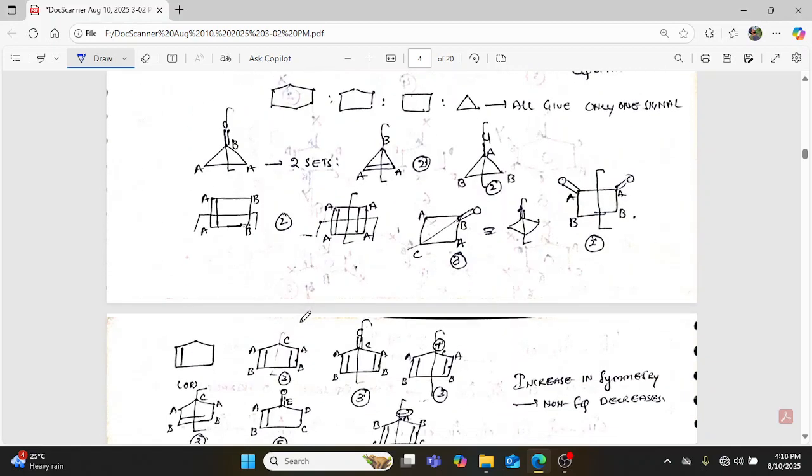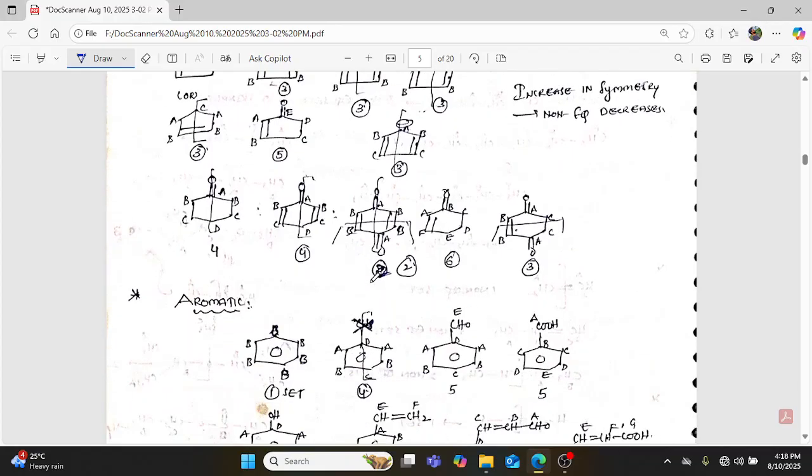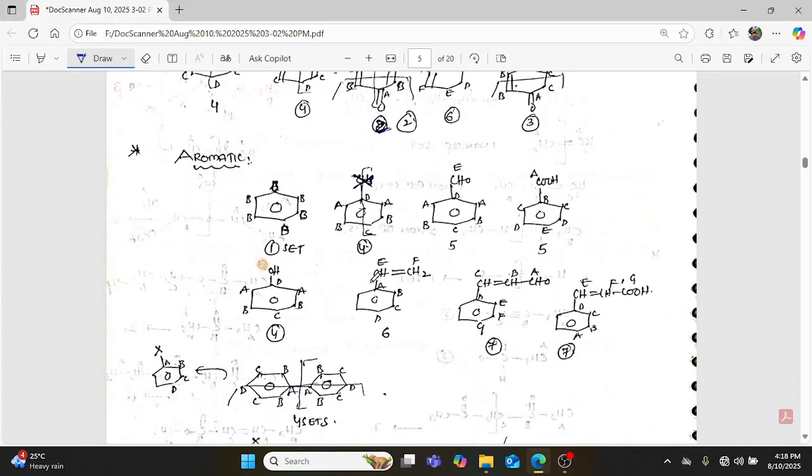Very simple, isn't it? In the case of cyclic molecules, unsubstituted symmetrical cyclic molecules, the environment of all carbons is the same, that's why all will give only one signal. But in this case, see this one, plane of symmetry, these two carbons are the same, but this one is different, so two signals. Here also, these two carbons are the same, the center one is different, so two signals. Like that you can identify. In the case of aromatic compounds also, identify the plane of symmetry.